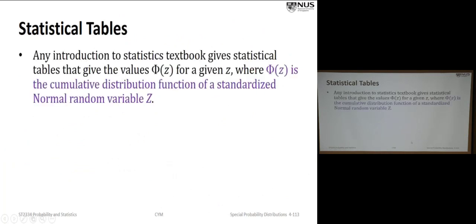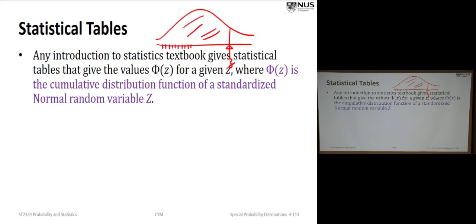This table is basically like this. Think of it: we have the PDF, so we can work out the probability, this area. For any possible z value, you can work out this probability by doing the integration. But unfortunately, it's not easy to do the integration. So I cannot give you the corresponding CDF for every z. But I can divide this real line and take some points of it.